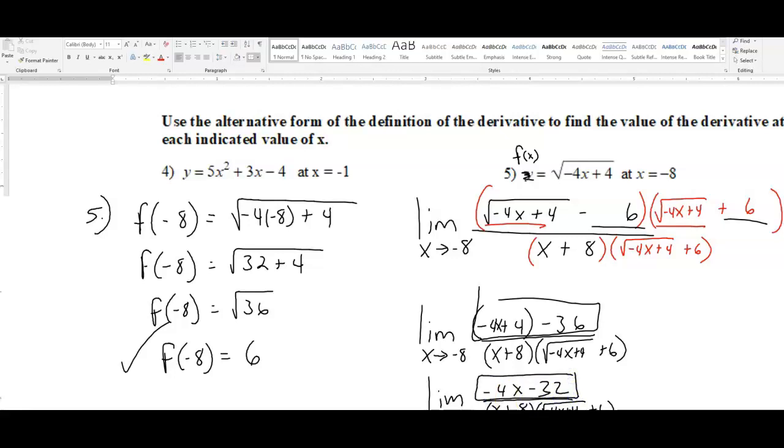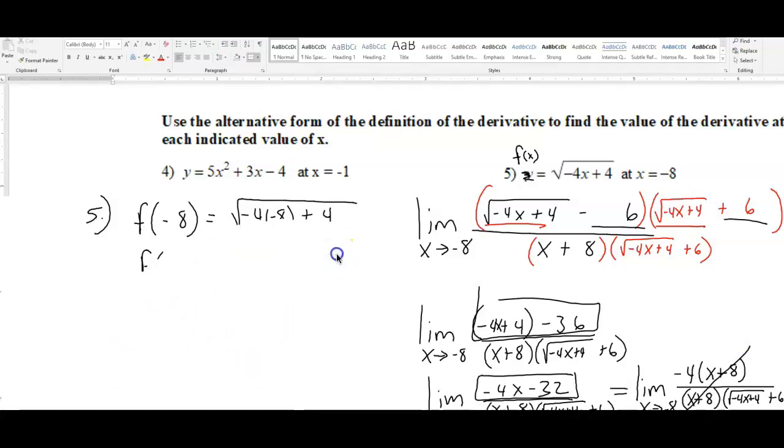Both of those can be divided by 4. In fact, they can both be divided by -4. So that's what I'm going to do, is I'm going to take a -4 out of there. And then we can remove that discontinuity. All right.